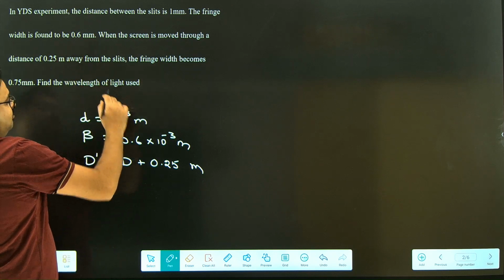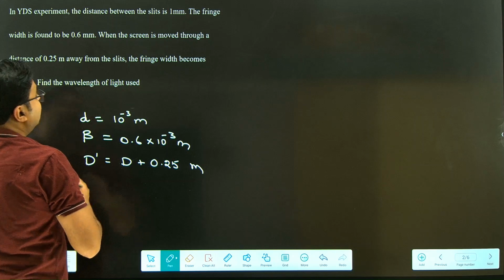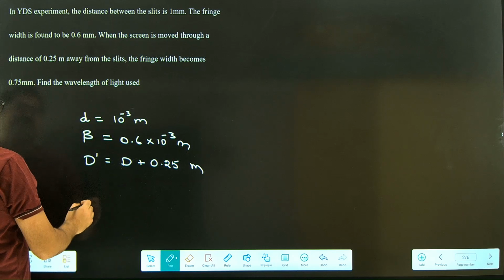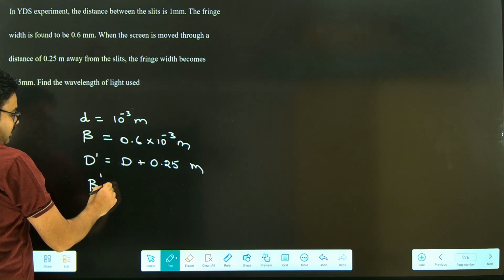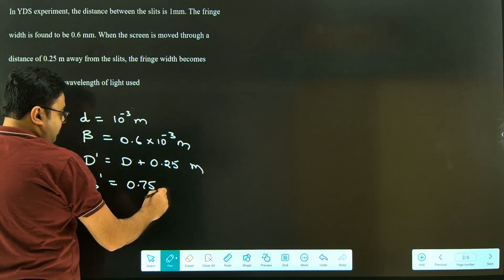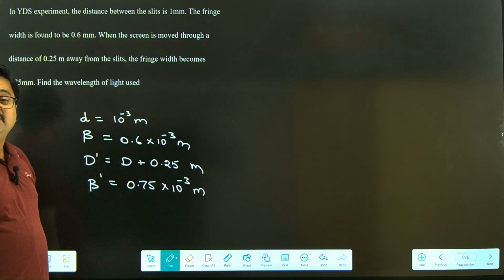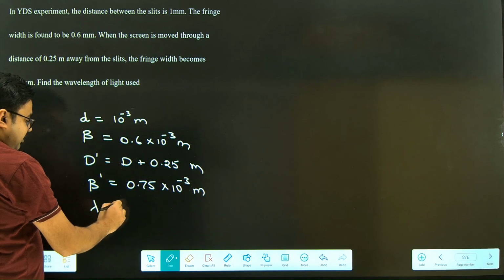Away from the slits, so the distance has increased. That's what makes me write a plus sign here. The new fringe width becomes 0.75 millimeter. Milli is again 10 to the power of minus 3 meter. Find the wavelength of light used. We need to find the wavelength of light used.